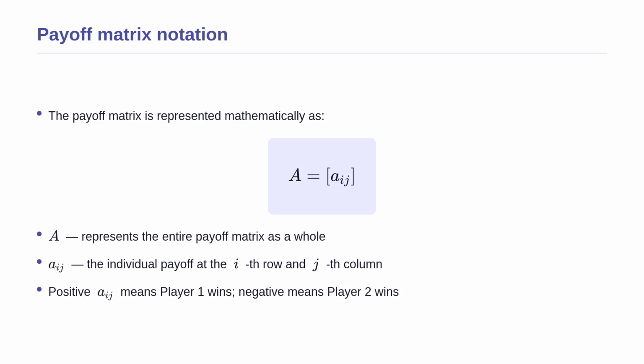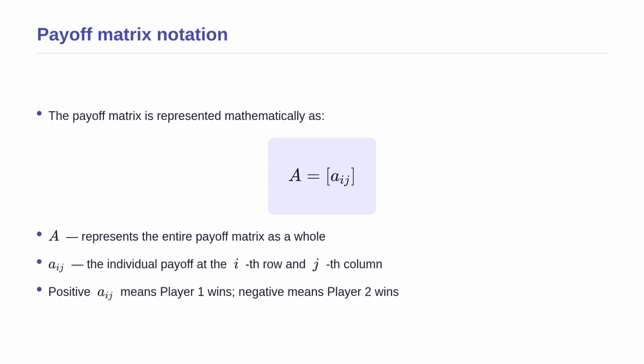Building on this grid concept, let us look at the formal mathematical notation. The capital letter A represents the entire payoff matrix as a whole. Inside this matrix, the symbol A sub ij represents the individual number located at the ith row and jth column.